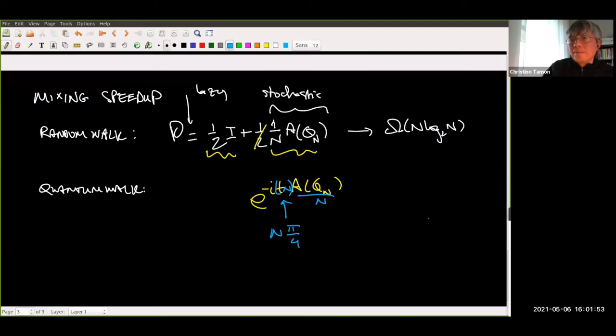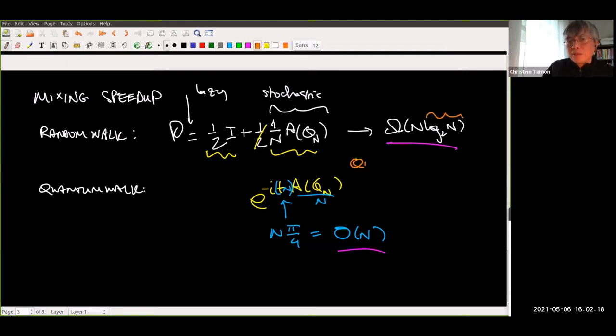Because without the scaling, we know at pi over 4 it's going to uniform mix. But with this comparison with the stochastic matrix here, the time is this, and this is order n, as opposed to the lower bound that's n log n. So this is a speed up. So you lose this log n factor.